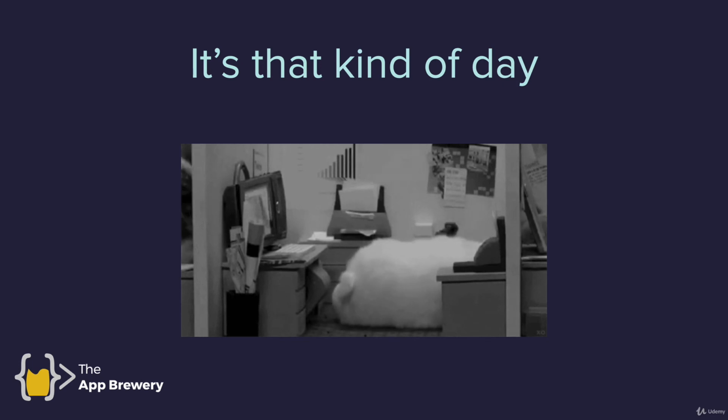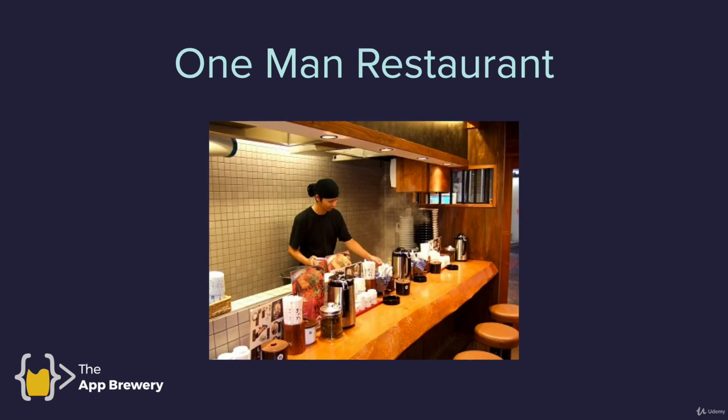There are, in fact, one-man restaurants, and I've seen some work really well in Japan, where you have just one person who's taking the order, who's making the food, who's tidying up after you. But the limitation here, though, is that look at how many seats he has. You can't have a large restaurant running everything by yourself.